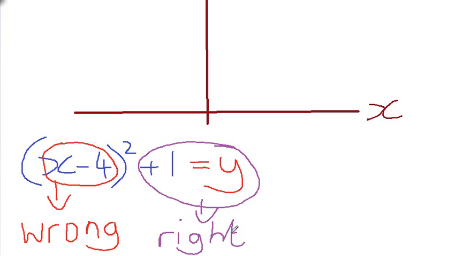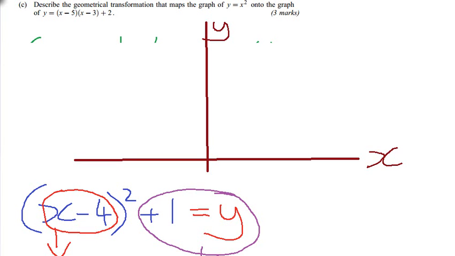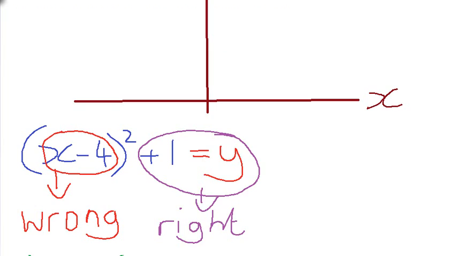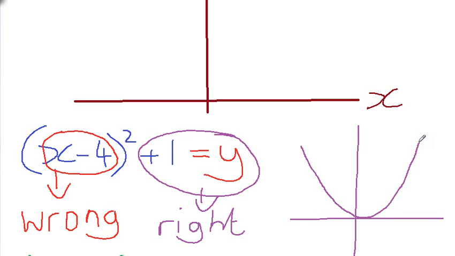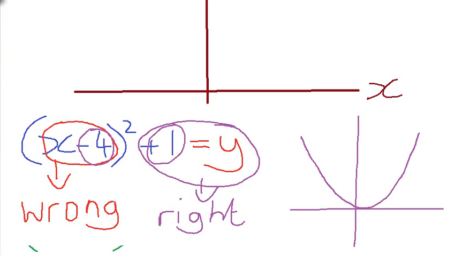My teacher said naughty x and well-behaved y. I just say wrong and right. So you remember it however you like, but the point is that your regular x squared, that does something like this, gets shifted by 4 and by 1. The reason it's not minus 4 is because x behaves wrong.